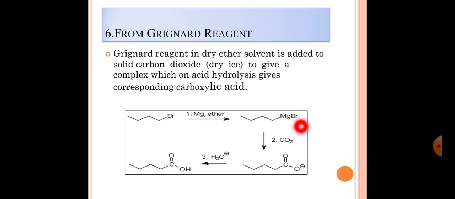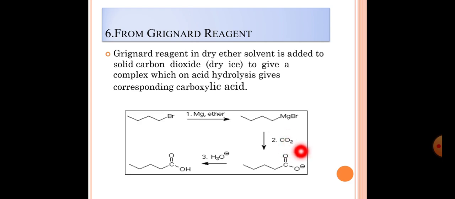This is nothing but the Grignard reagent. ठीक है. And now this Grignard reagent is going to react with the dry ice, that is solid carbon dioxide, CO2, and gives you the formation of the corresponding carboxylic acid on acid hydrolysis.